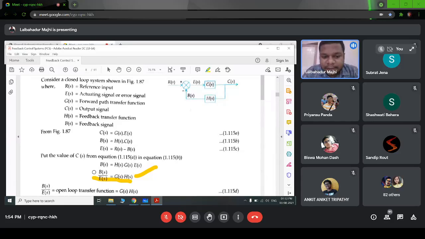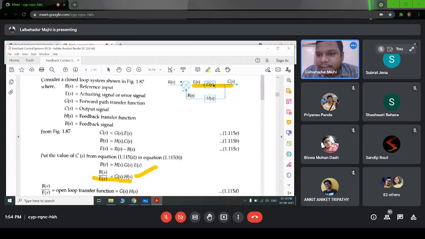So if we consider this as the transfer function between B of S and E of S, then from this diagram we can see this will be the path. We are not considering the summing point now. So B of S is the output and E of S is the input. Let's not consider this H of S, only this path, not the summing point and not the feedback path.